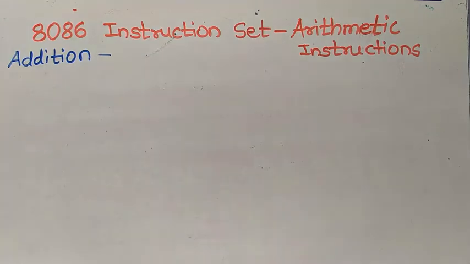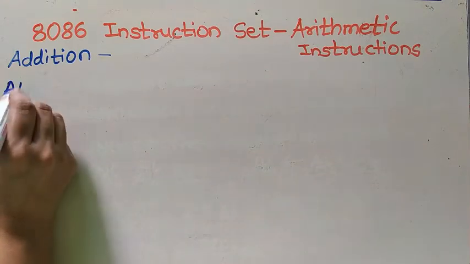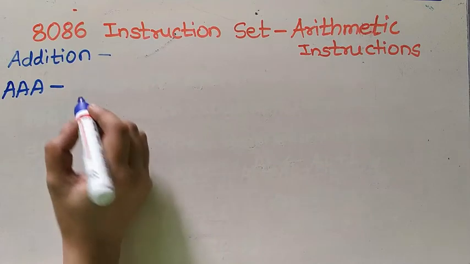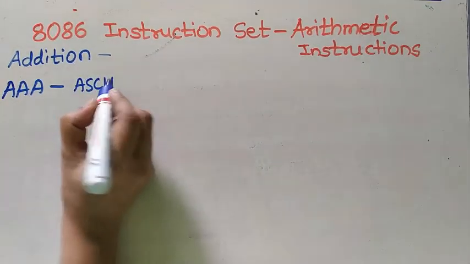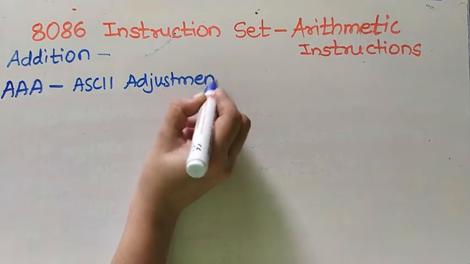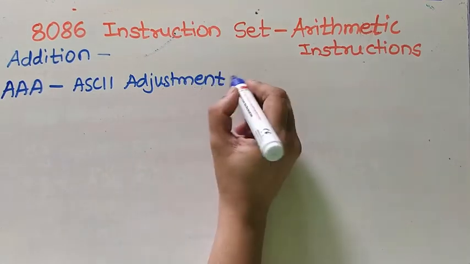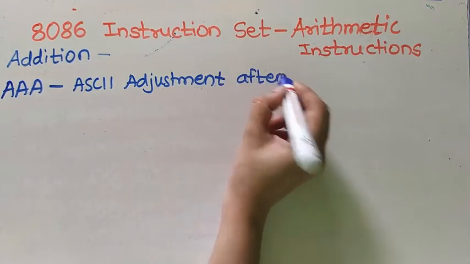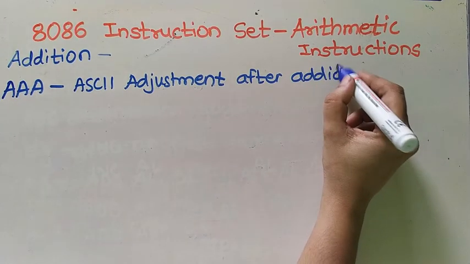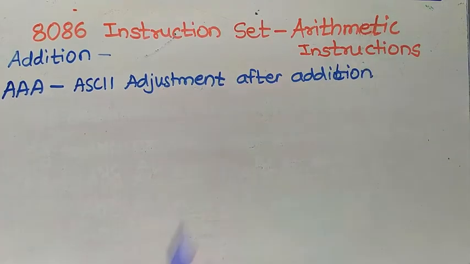Next instruction is AAA. This AAA stands for ASCII adjustment after addition.